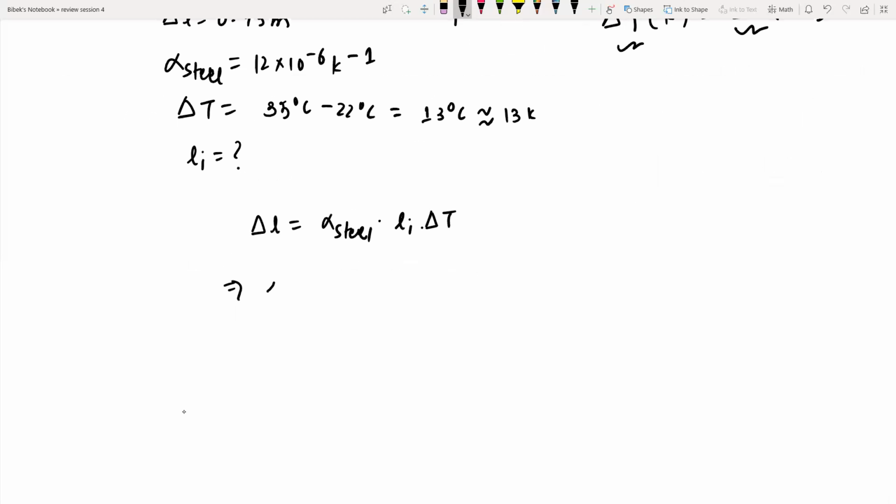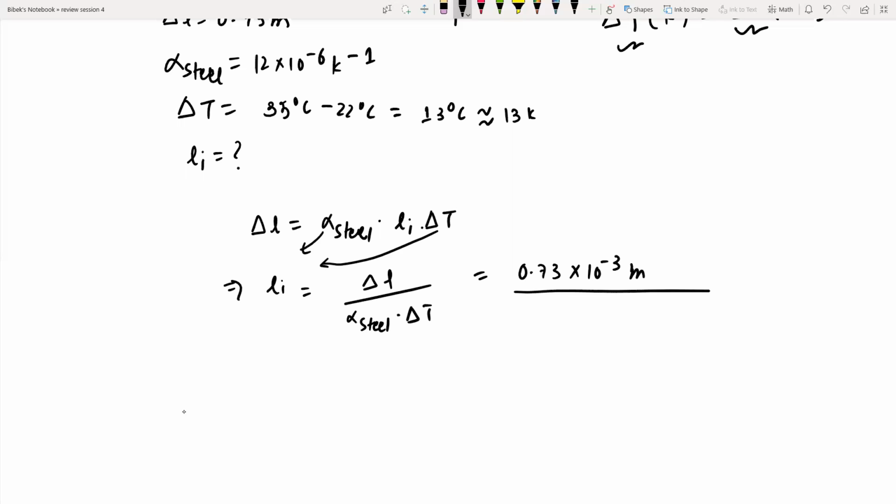Putting everything on the other side except Li, that is delta L over alpha steel times delta T. So delta L is 0.73 times 10 to the negative 3 meter, and your alpha is 12 times 10 to the negative 6 per Kelvin, and your delta T is 13 Kelvin. So if you solve this, you'll get about 4.73. So that was your initial length.